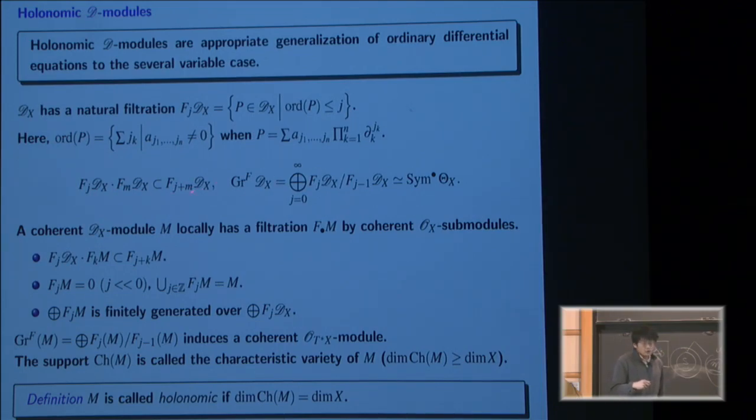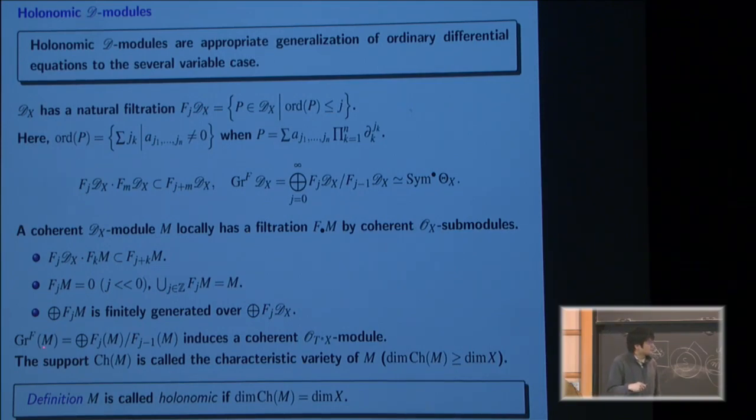The associated graded object is naturally a sheaf of algebras, and it is naturally isomorphic to the symmetric product of the tangent sheaf. Then, for any coherent D-module M, at least locally, we can find a filtration by O_X-coherent submodules such that the multiplication of F_j D_X and F_k M is contained in F_{j+k} M, and we impose some additional technical conditions.